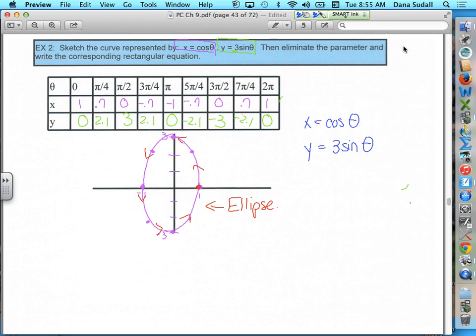So you know one equation that involves x's and y's and your trig functions. Think about this one. Sine squared plus cosine squared equals 1. That was one of our identities. If I take out cosine squared and replace it with what it's equal to in terms of x, instead of cosine, I would have x squared.